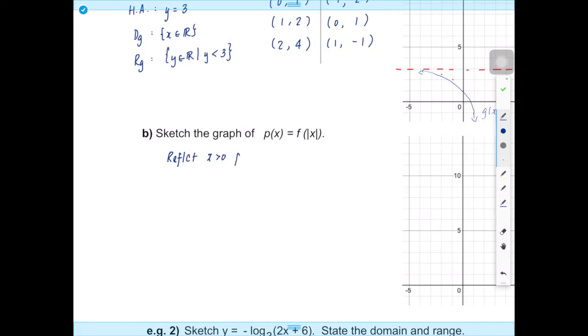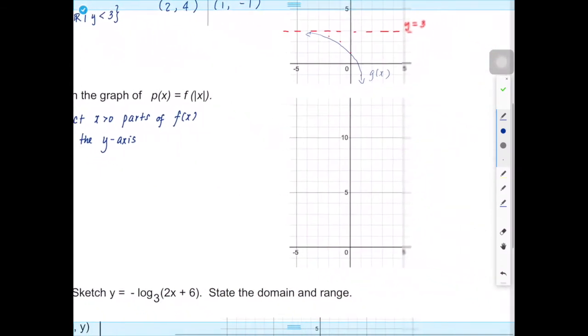So let me write down this note. Technically, when you take the absolute value of x, any negative value of x ends up being, like, if x is -1, you're really taking f of the absolute value of -1, which will have the same y value as f of 1, and so on and so forth. That's why we see this result.